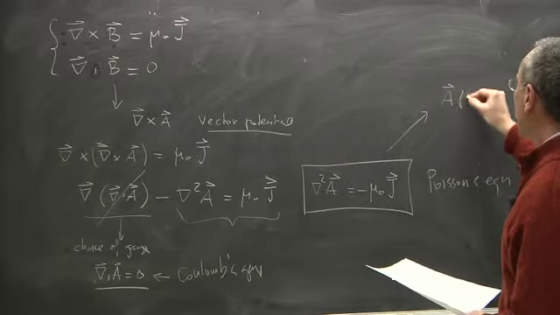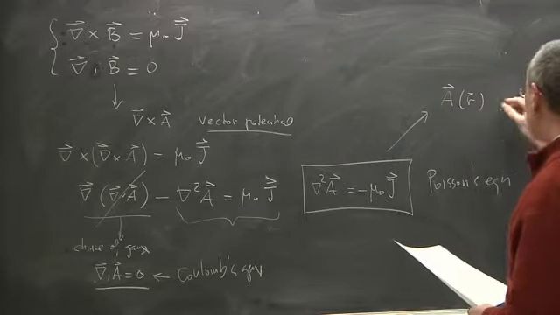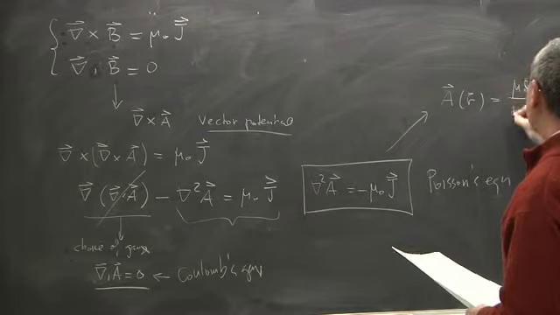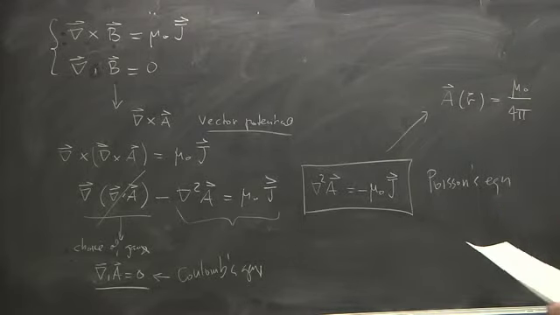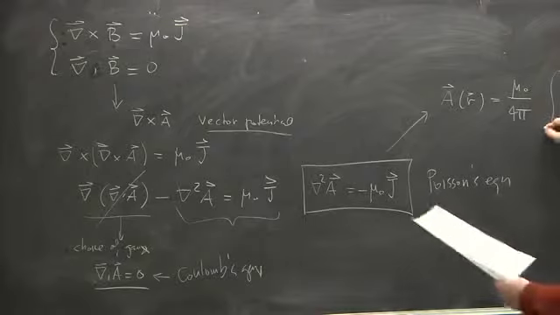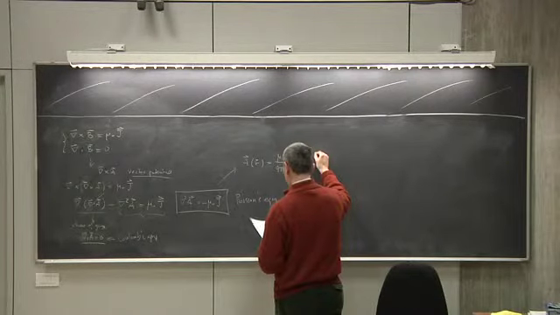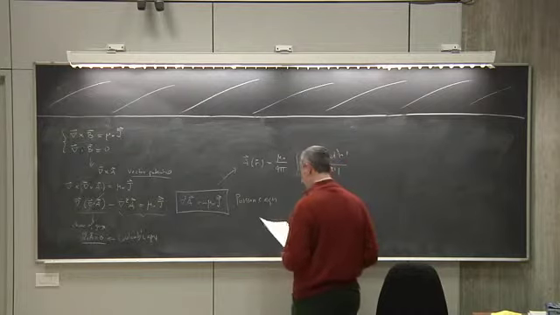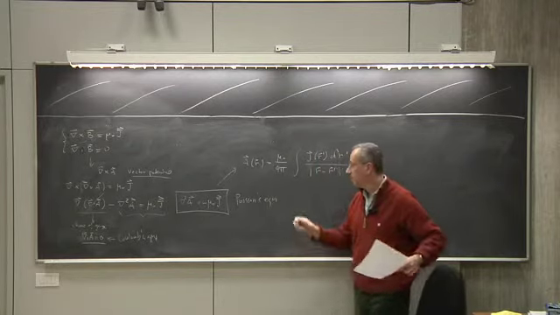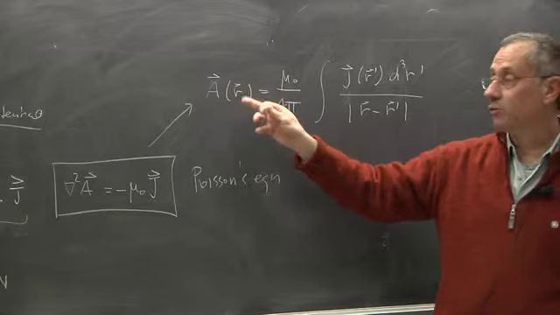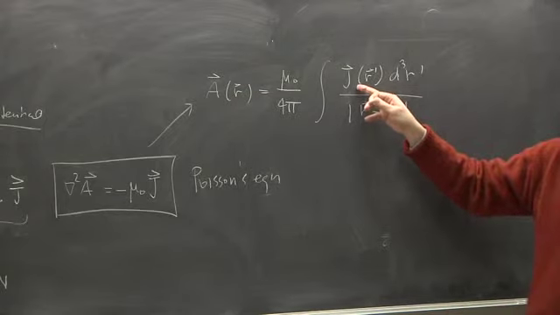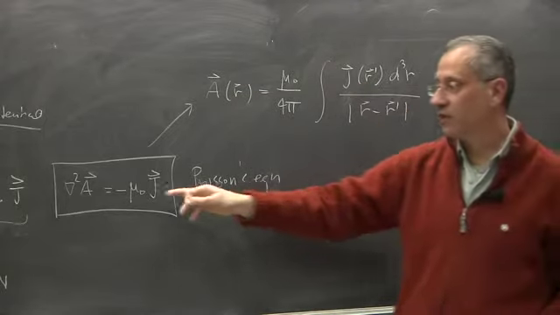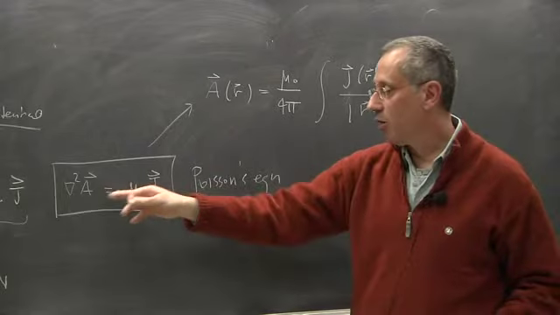The generic solution, forgetting about the boundary condition for the moment, is just the integral of this current in the volume divided by the usual factor R prime, exactly like the potential was this integral over the charge density. Before I had the charge density, now I have the current.